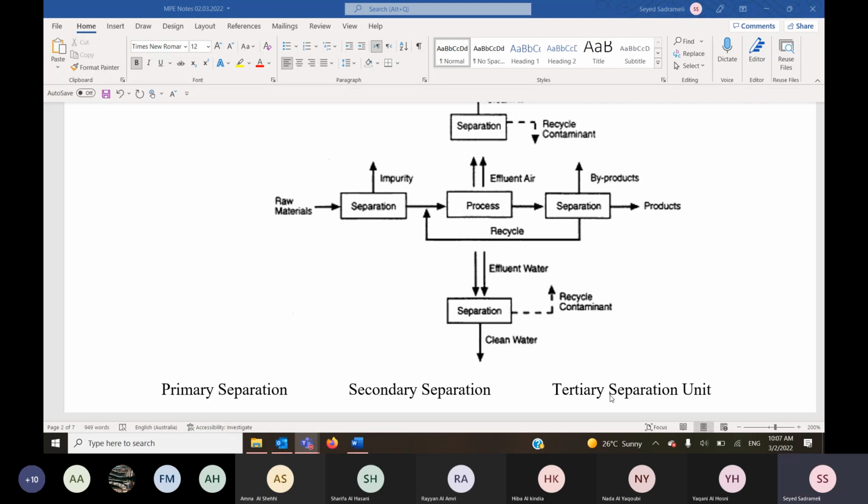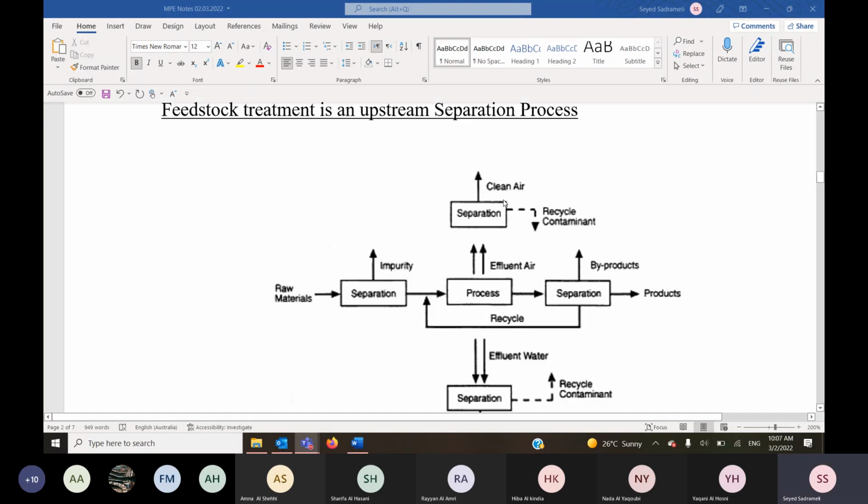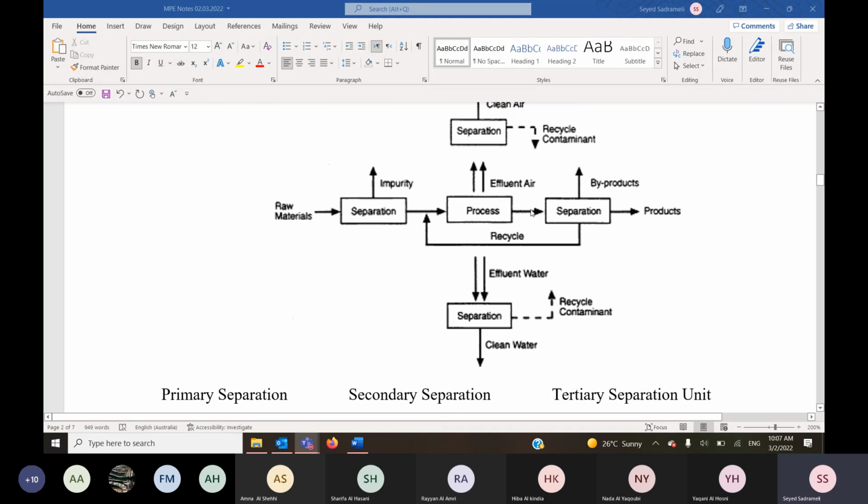The products, which are effluent air, go to the separation, and we recycle contaminants and provide clean air. Also, the solid or liquid products go to the separation. We separate byproducts by distillation or any other type of separation process, and then we have pure product.